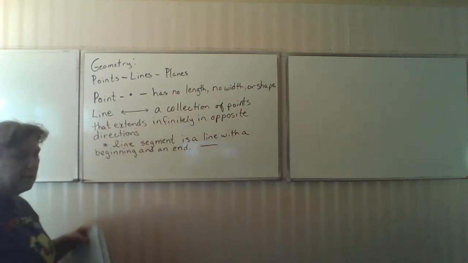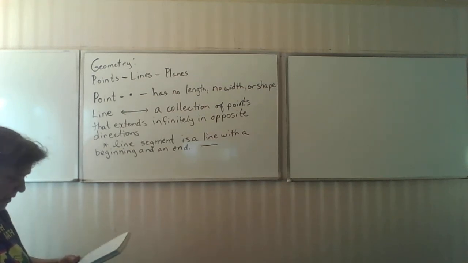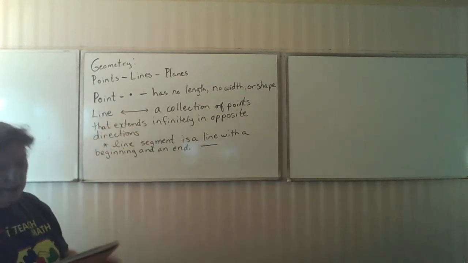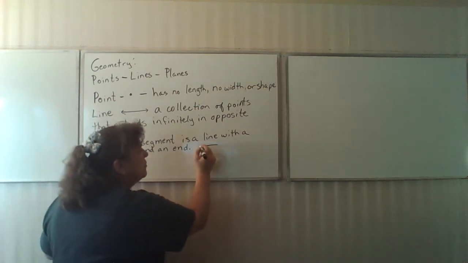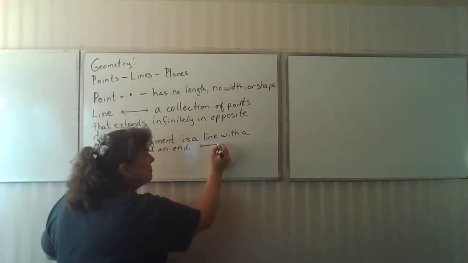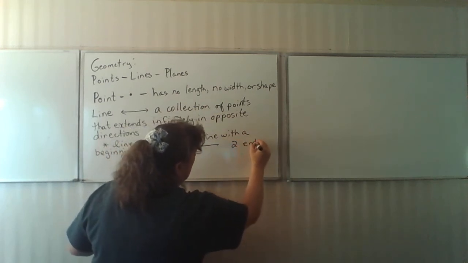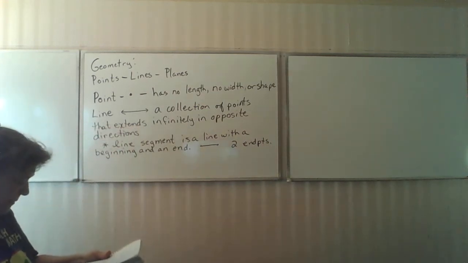It stops. It has length. Okay? So, it is part of a line, but not the whole line. It consists of two endpoints because it has a beginning and an end. So, two endpoints are on a line segment.